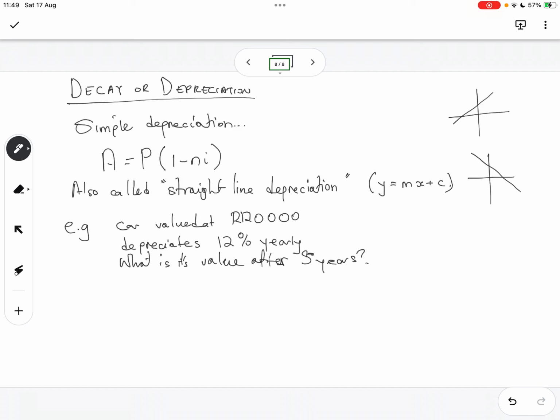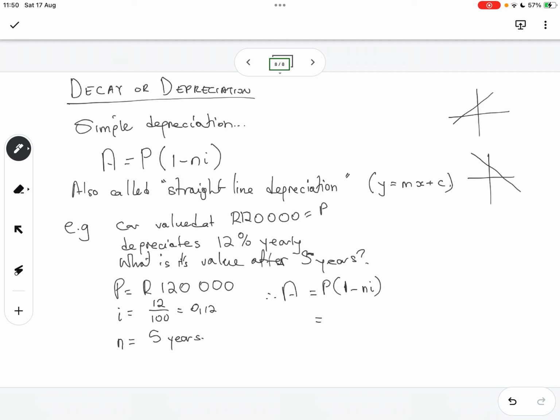Yes, it is the principal amount, because it wouldn't make sense for a car to be 12,000 brand new, not in South Africa. So P is 120K. The interest rate is 12%, so it'll be 12 over 100, which is 0.12. And then we've got the number of years, which is 5 years.